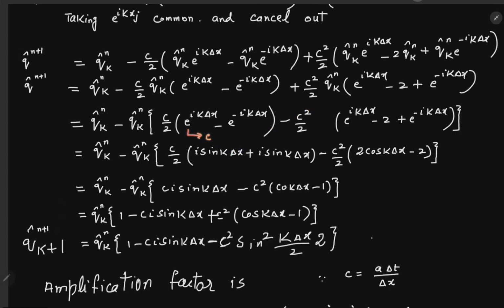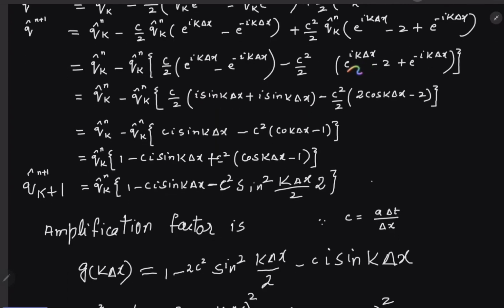This will be cos k delta x plus iota sine k delta x, and then minus cos k delta x plus iota sine k delta x for the second term. These two cos terms cancel out, and we get iota sine k delta x twice, which is written over here. We do the same for the other two exponential terms. We add these two, the sine will cancel out, and we get 2 cos k delta x minus 2.